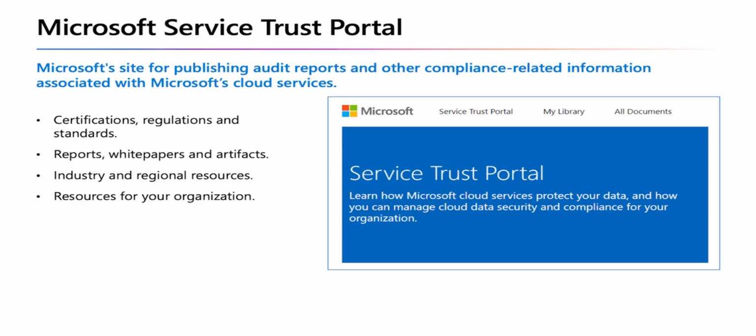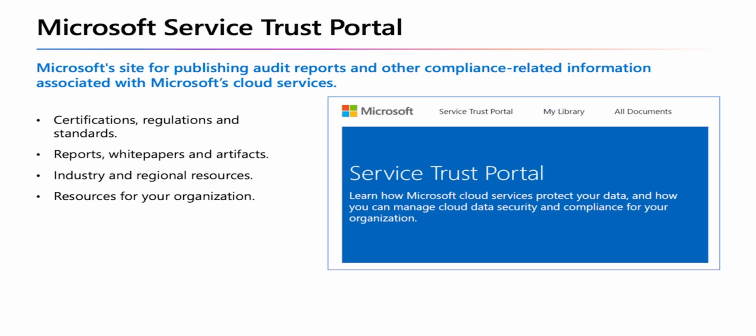Trust Portal users can download audit reports produced by external auditors, and they can gain insight from Microsoft-authored white papers that provide details on how Microsoft Cloud services protect your data and how you can manage cloud data security and compliance for your organization.